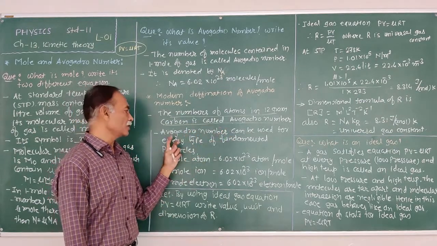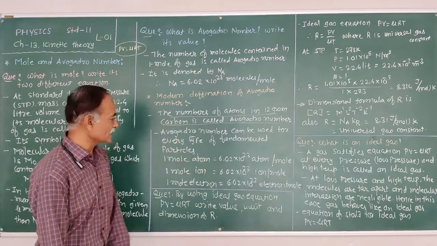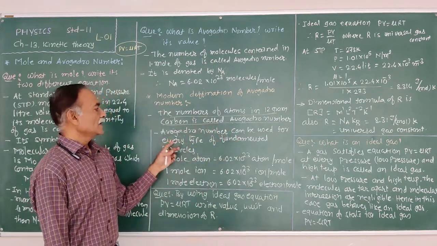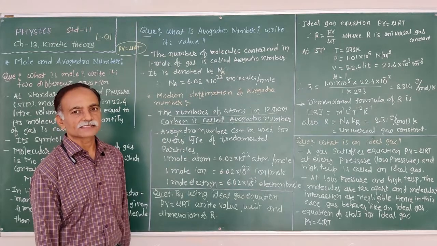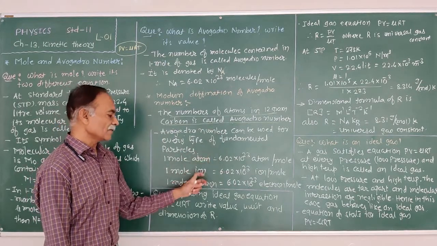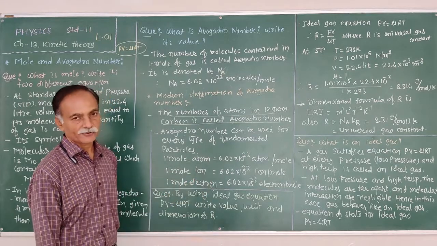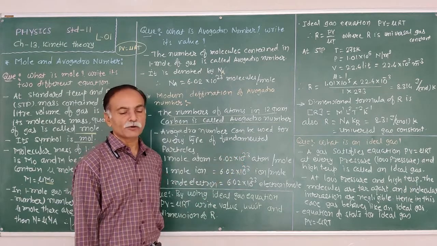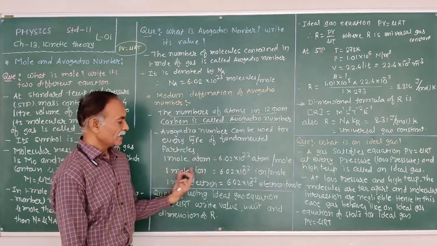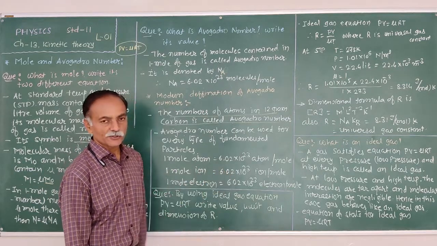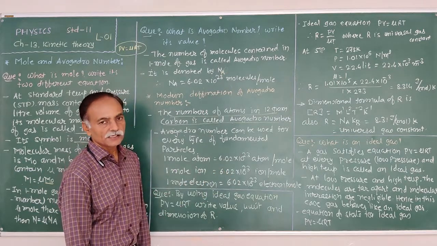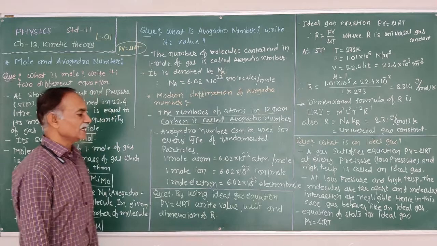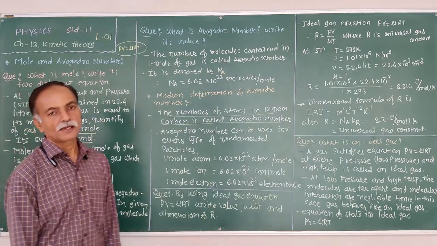The Avogadro number can be used for every type of fundamental particle, like atom, ion and electron. 1 mole of atoms is equal to 6.02 into 10^23 atoms per mole. 1 mole of ions is equal to 6.02 into 10^23 ions per mole. 1 mole of electrons is equal to 6.02 into 10^23 electrons per mole.